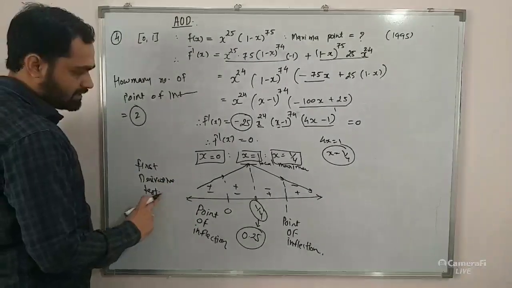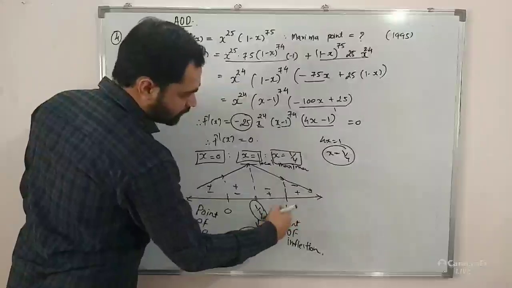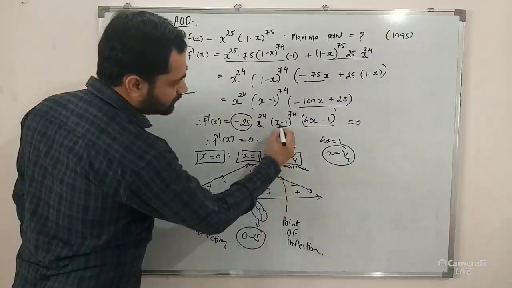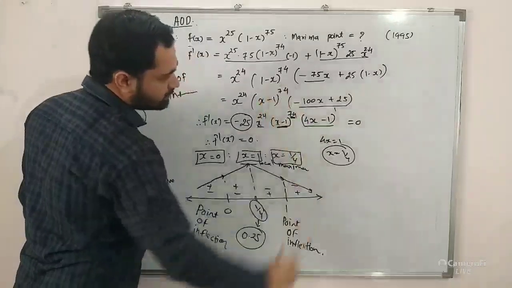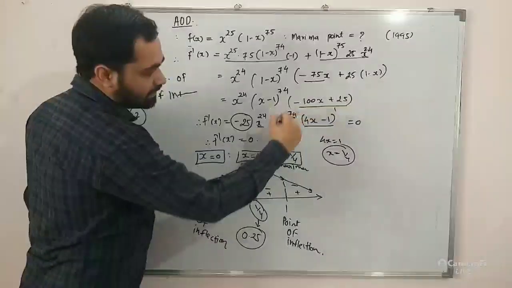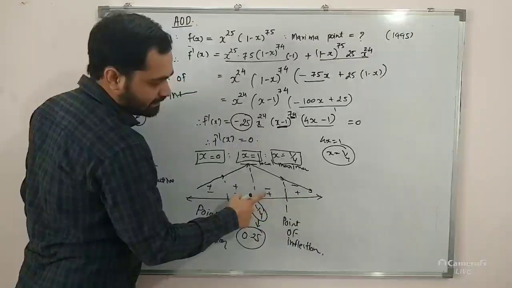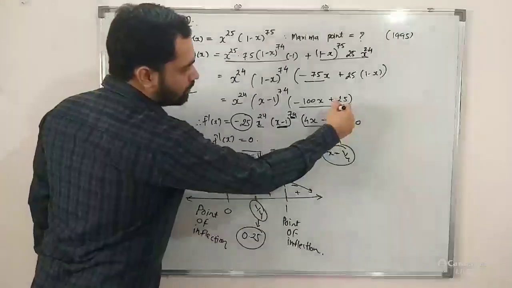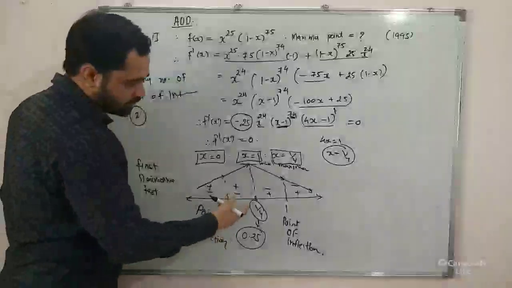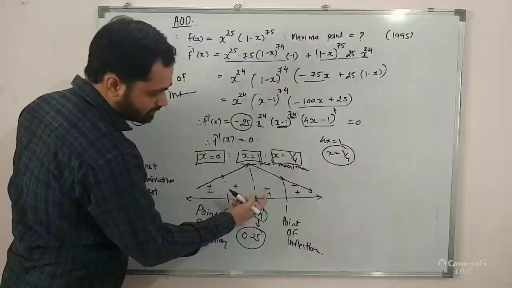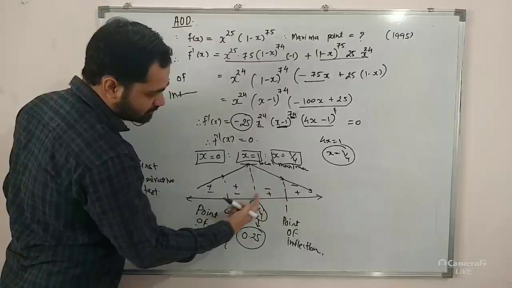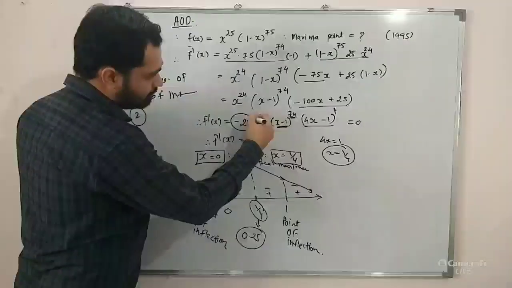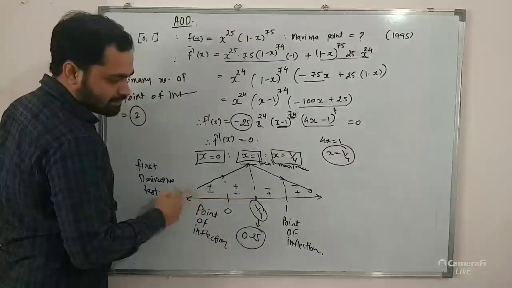From the rightmost side, put the positive sign. 1 is coming from this bracket, and the power of this bracket is even. If the power is even, then the sign doesn't change. It means plus is plus. 1 by 4 is coming from odd power. Power is 1, and 1 means odd power. So if it is coming from odd power, then the sign is changed to the opposite, so plus to minus, right? 0 is coming from even power, so it doesn't change. So minus is minus, right?